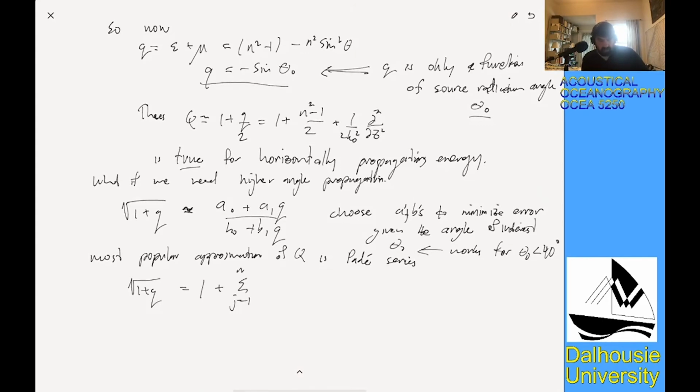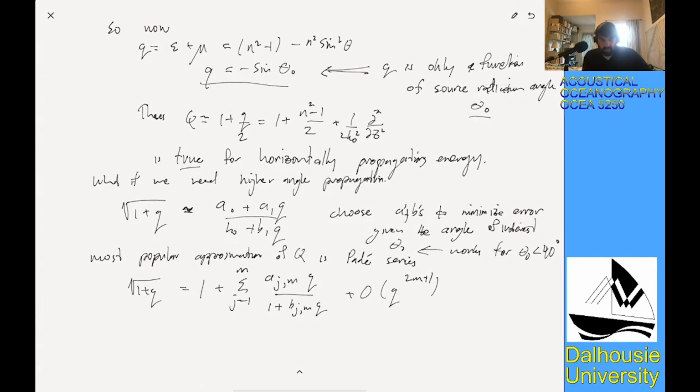And that's where the square root of 1 plus Q is equal to 1 plus the sum of AJM over Q plus BJM over Q plus order Q to the 2M plus 1 terms.